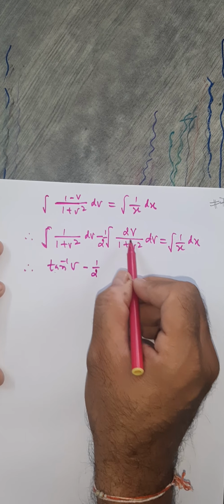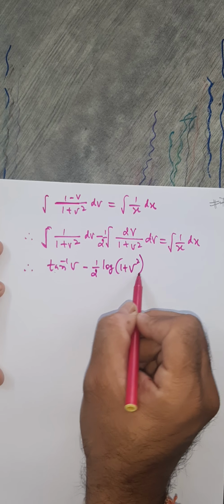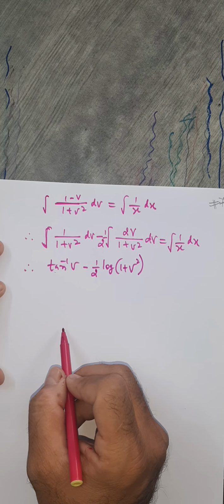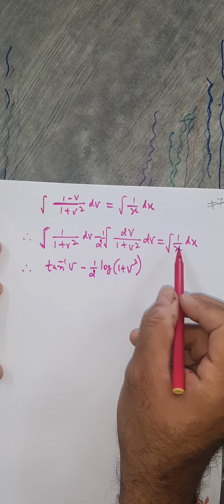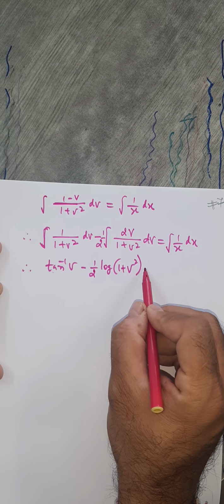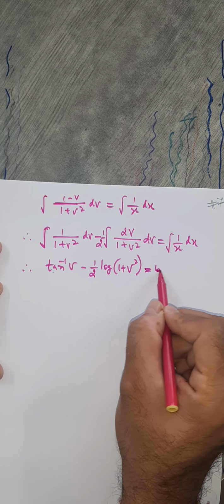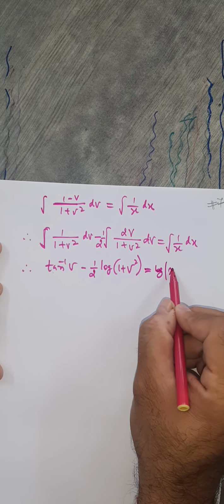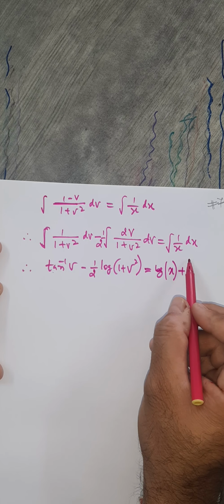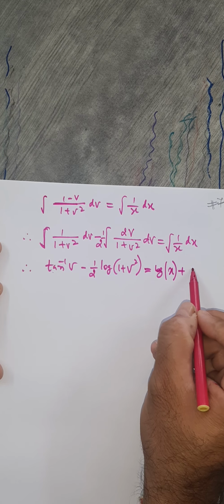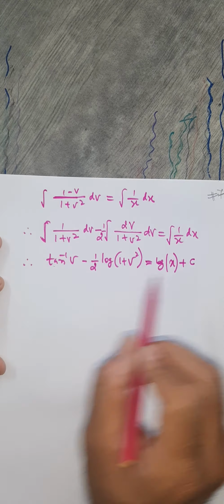This is f dash upon f form, so log of mod of 1 plus v squared. And here, you can write log c, or just c as a constant, remember. Equals log of mod of x plus c. Okay, so integration is over.